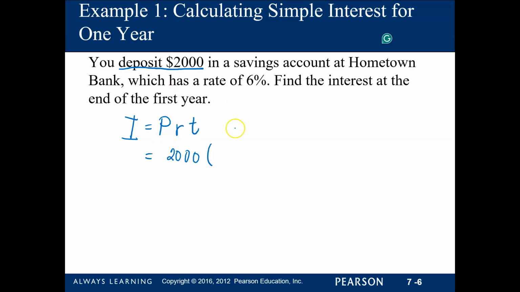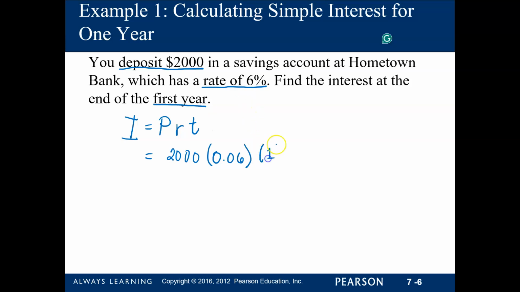The rate, it's easy to find, the number with the percent. So it says here the rate of 6%. Now always remember that the percent number needs to be changed to decimal form. So this is going to be 0.06. Now we need the time, and as you can see, we need to find the interest at the end of the first year. So how many years is that?